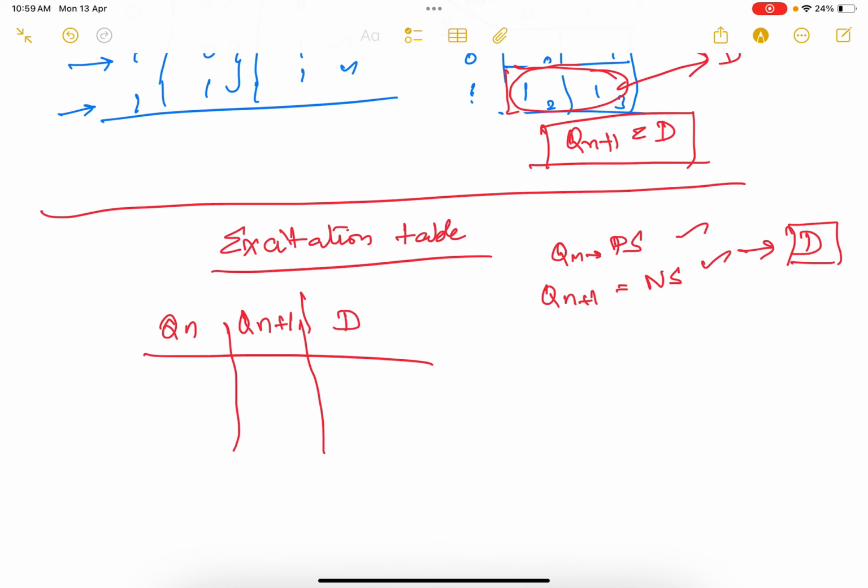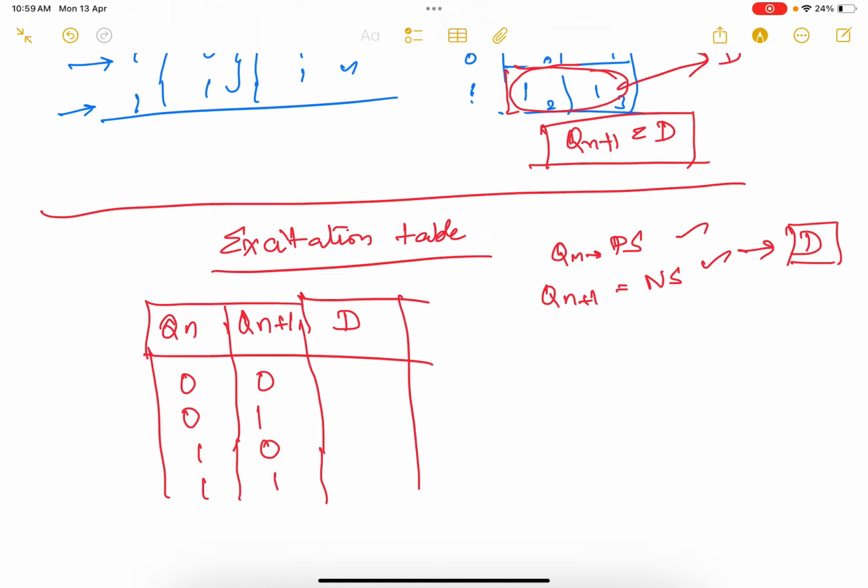So I am going to determine what is the mandatory input D. Already we know that if there are two things, present state and next state, there will be four combinations: 00, 01, 10 and 11. Now, after completing this table, we want to go with our extended truth table and check where this condition is going to occur, where you have the present state and next state.